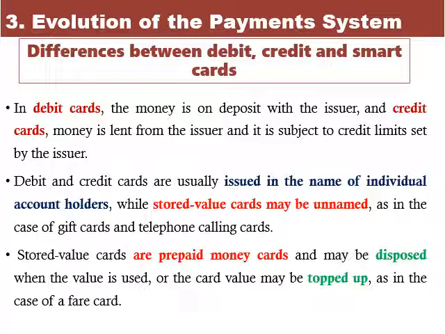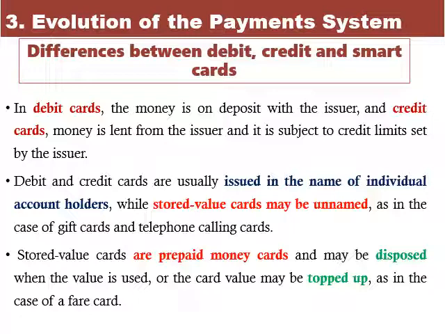The second difference is that debit and credit cards are usually issued in the name of individual account holders, so they must be used by the authorized person whose name appears or is written on the card. On the other hand, stored value cards are unnamed, which means that anyone can use them, as in the case of gift cards and telephone calling cards.